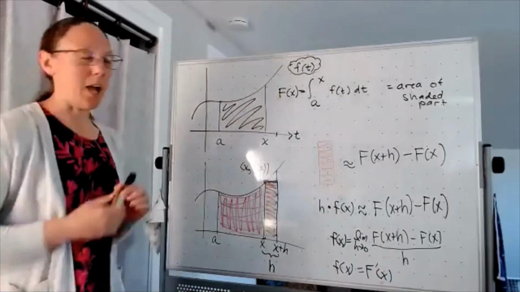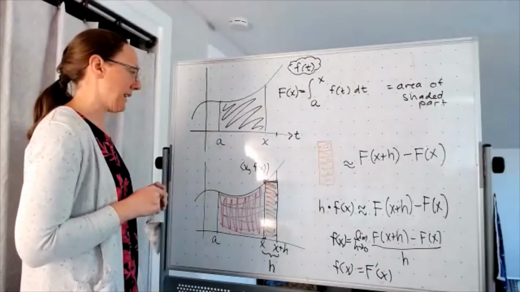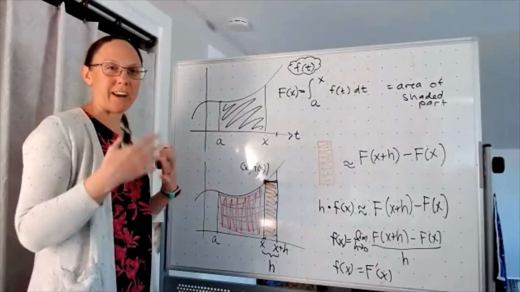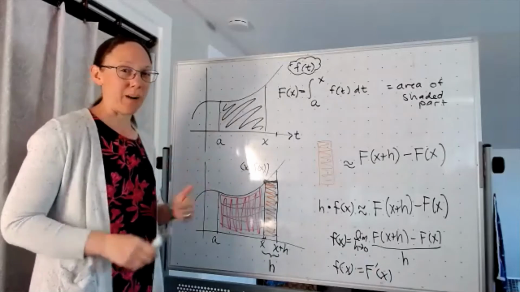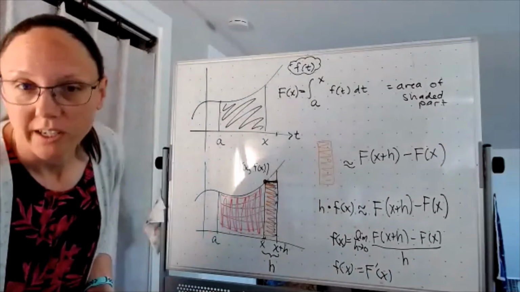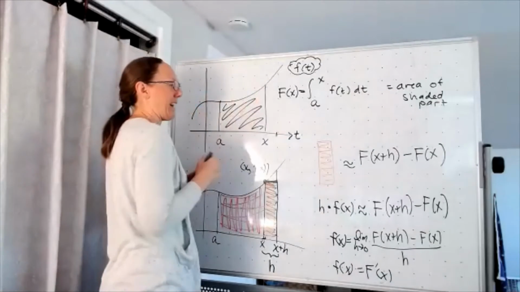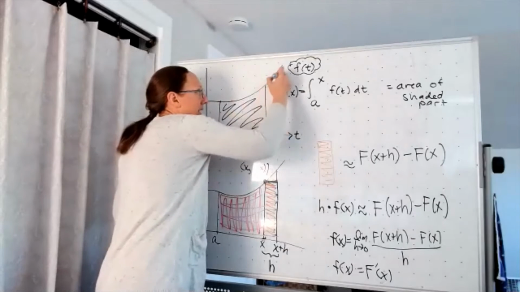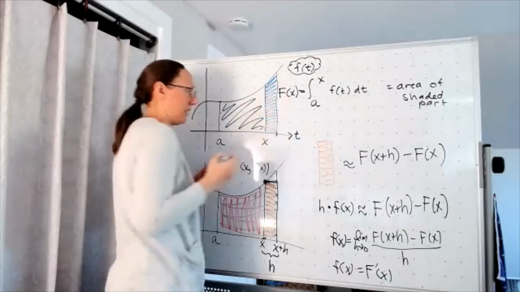Now there's a question about why the F of x plus h minus F of x. I was going through this and erasing my pictures as I went. But the thing that I was originally trying to figure out isn't the area in here from a to x, but what I actually was looking for is this piece of area right here.